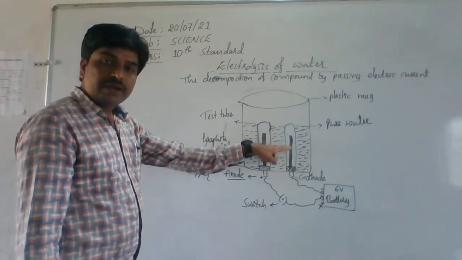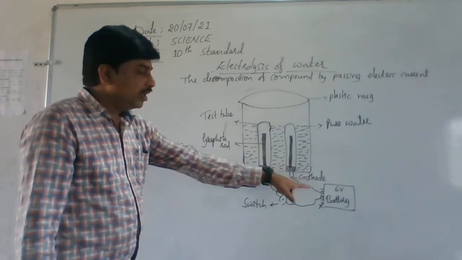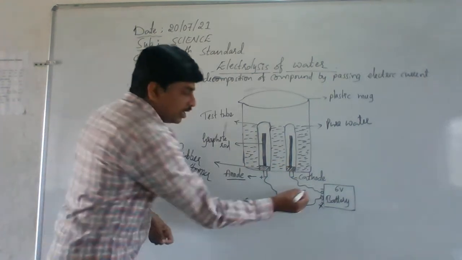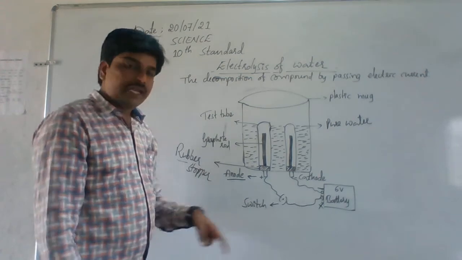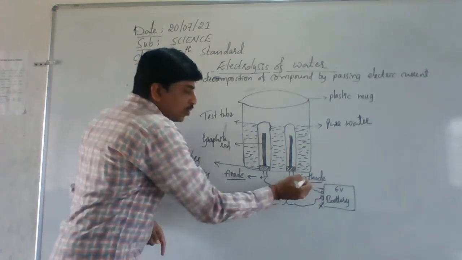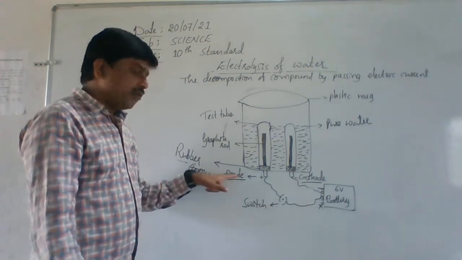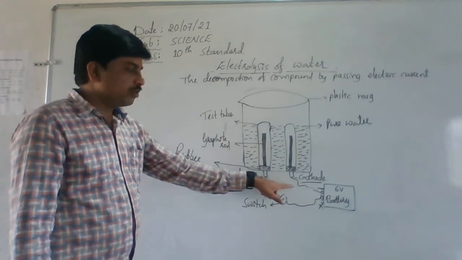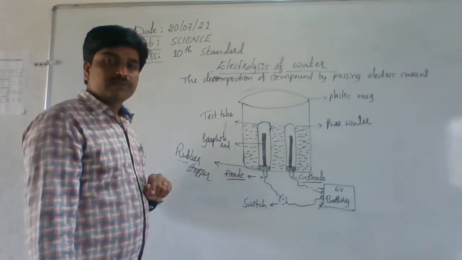Similarly, the graphite electrode which is connected to the negative terminal of the battery is called the cathode. Clear or no? Anode means positive electrode, cathode means negative electrode.